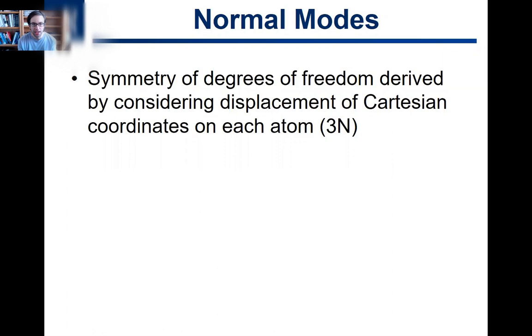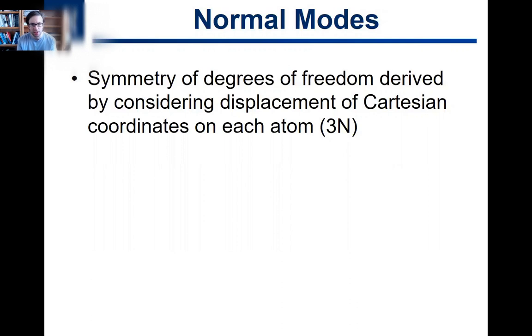We can now talk about normal modes, which is basically what is going to allow us to figure out the range of different energy states that are allowed or disallowed, but what are the range of possibilities for vibrations in a molecule.